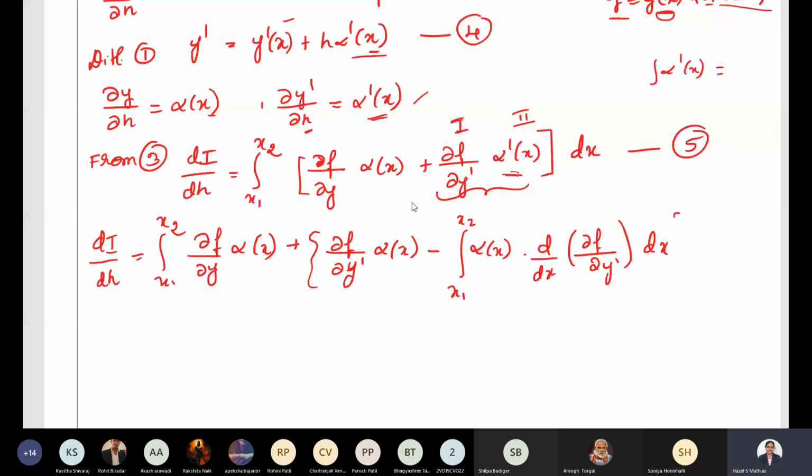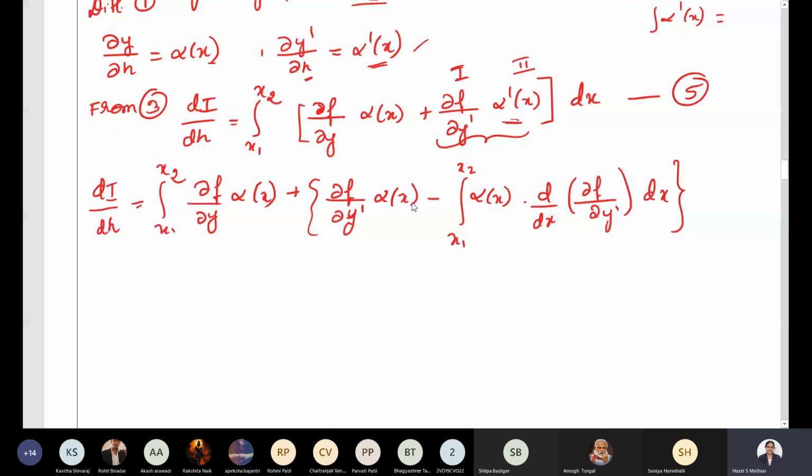I hope this integration by parts is clear. I repeat once again. Here we keep the first term as it is, ∂f/∂y into alpha of x. Apply the integration on the second part.